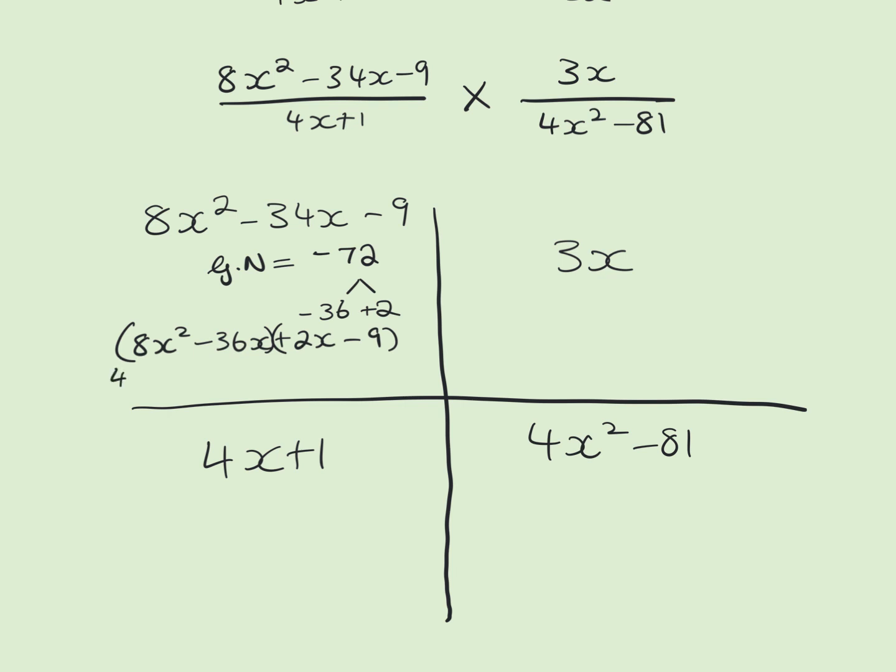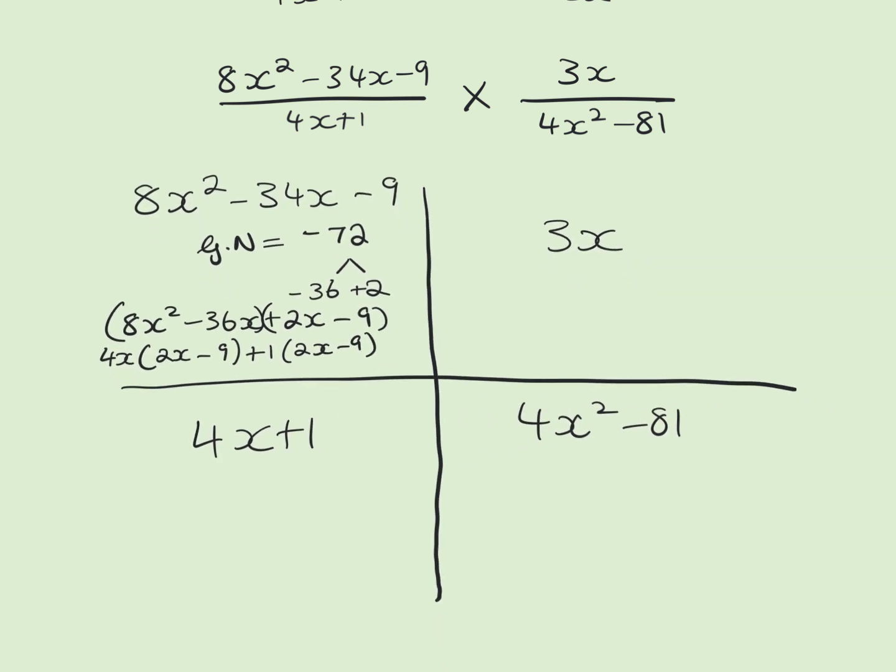I'm going to be left with 4x, I'm going to be left with 2x minus 9, and 36 goes 9 times. And here I'm going to take out plus 1, and I'm going to be left with 2x minus 9. So that my factors are going to be 4x plus 1 and 2x minus 9.